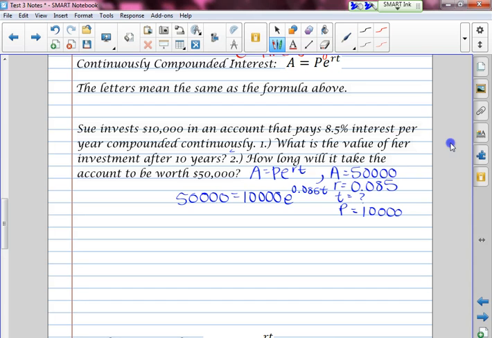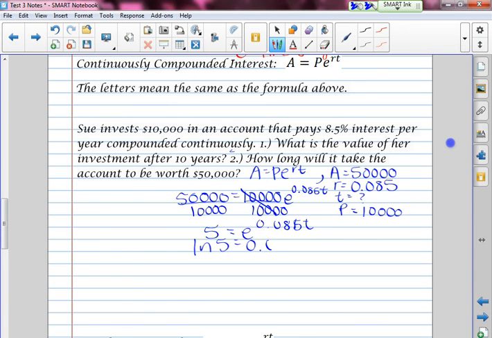You need to get E by itself before you can solve this, so you have to divide by 10,000 on both sides. So 50,000 divided by 10,000 is 5. You need to get that variable out of the exponent, and to do that, you have to introduce a logarithm. Because it's an E, you introduce a natural log.